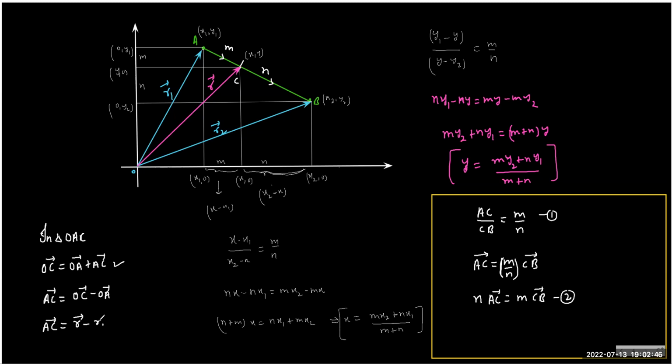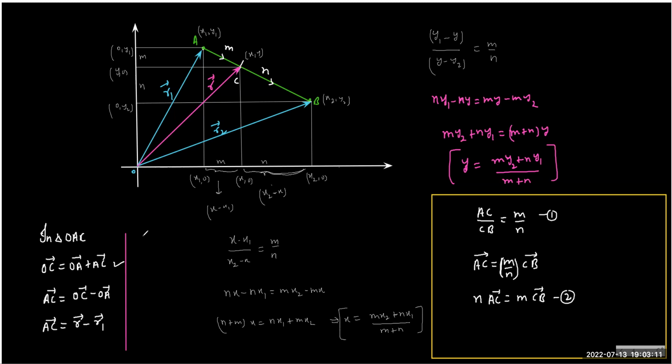What is OA? And I'm done. If you are with me, raise your hand. Or say yes. Yes, sir. So anybody having difficulty? Don't hesitate. Just say yes or no. If you have difficulty, I'll explain again. This part is clear to all of you?